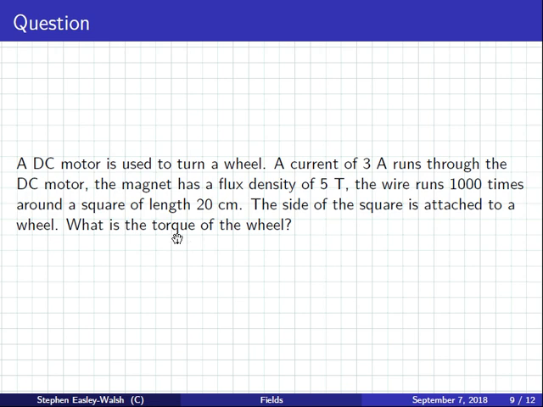torque. You did this in semester 1. I'll show you the page. Page 30. Have a look.